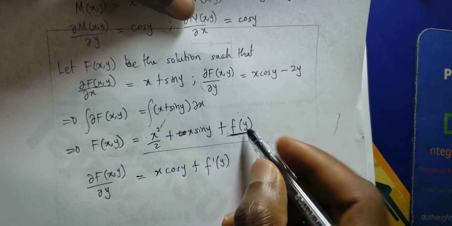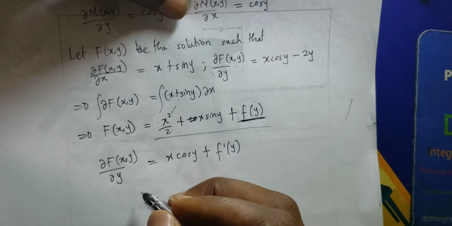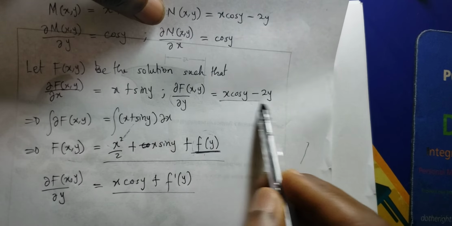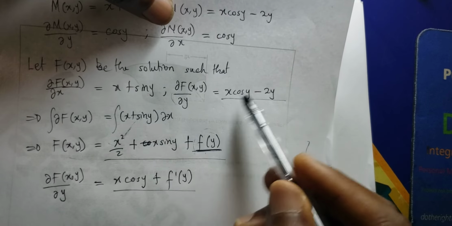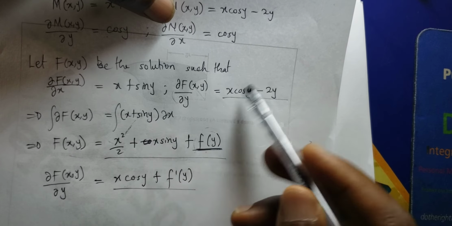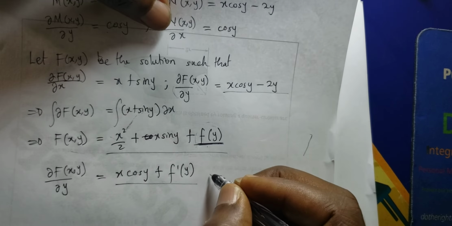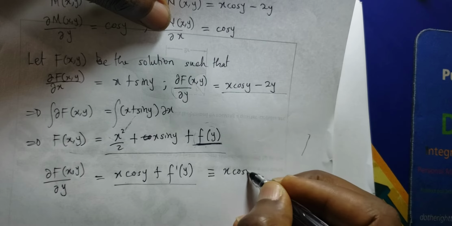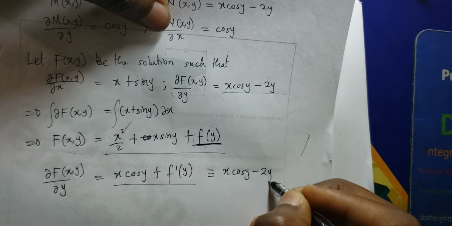Since this one depends only on y, the next thing is I will now equate this result to the other result. Of course, usually they will always have something in common like this. Since it is exact, I will equate this to x cos y minus 2y.